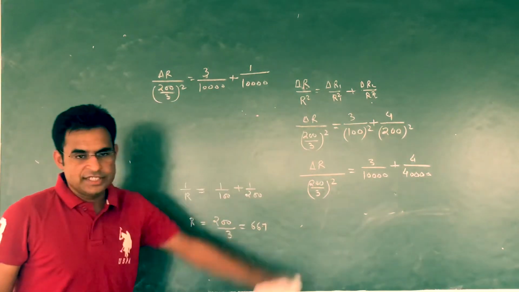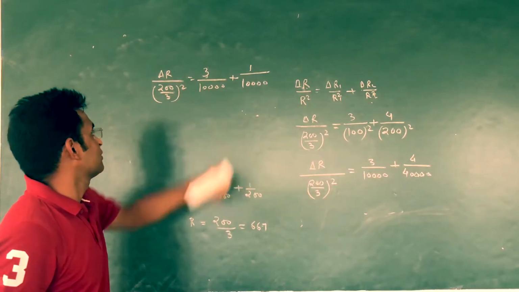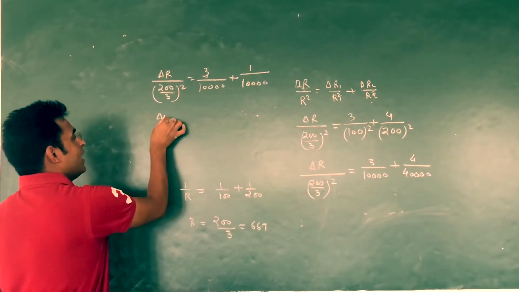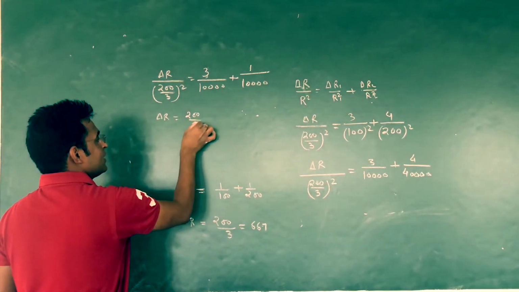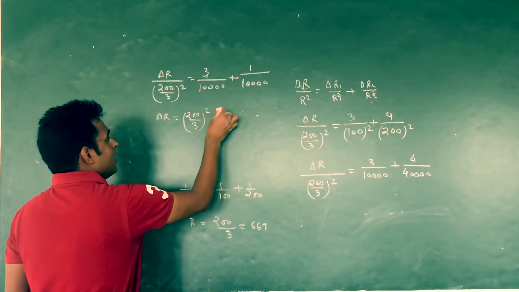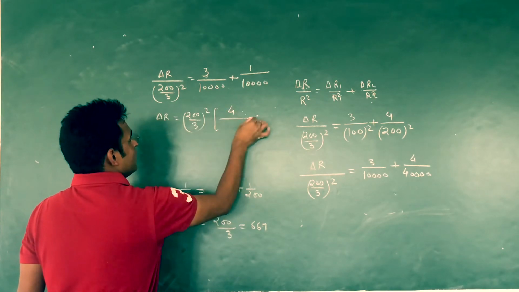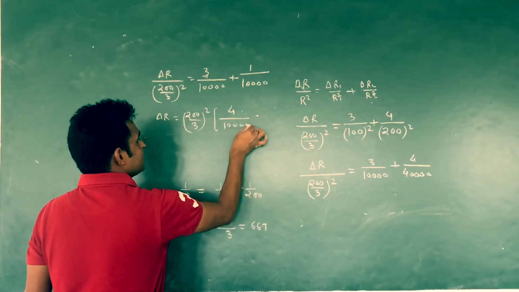So now if you see the denominators are equal, so I equate this, and this will become delta R is equal to 200 divided by 3 squared, times 4 divided by 10,000.